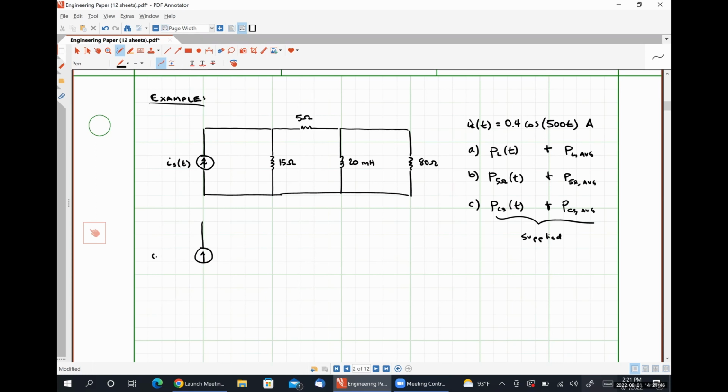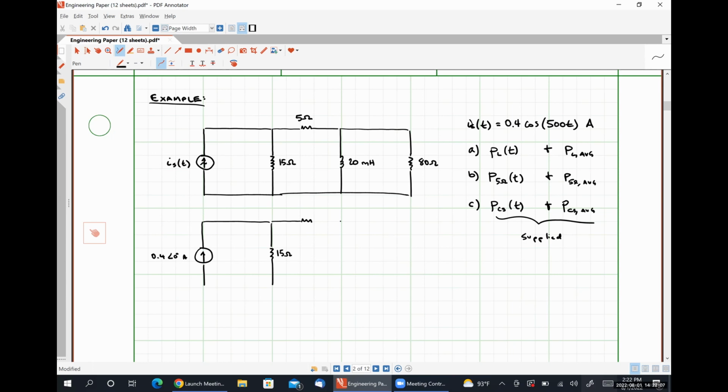This current is going to look like 0.4 angle 0 degrees amps in the frequency domain. Our 15 ohm resistor is going to remain a 15 ohm resistor.